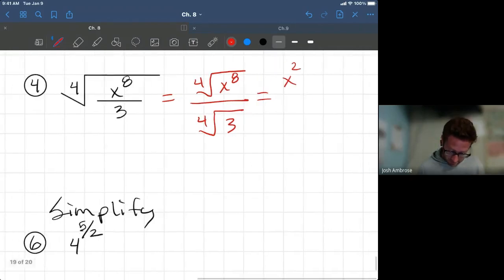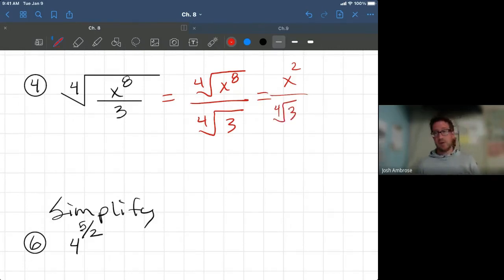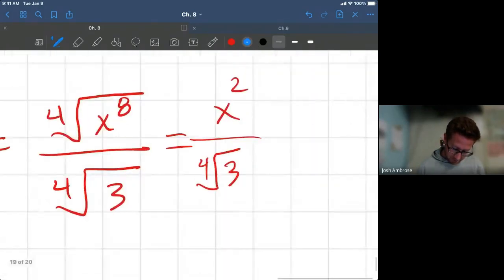However, this fourth root of 3 does not work out perfectly. It doesn't work out nicely at all. So how do you get rid of any roots in the denominator? We'll take a timeout. Never leave a root in the denominator. That's what we're getting at here. So you can't leave a square root, a cube root, or a fourth root, any of those in the denominator. So how do we get rid of those? Here's what we're going to do.